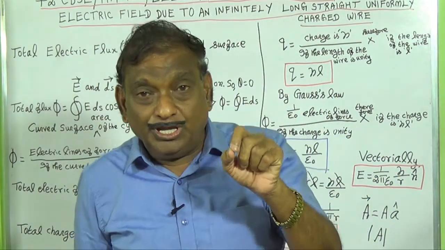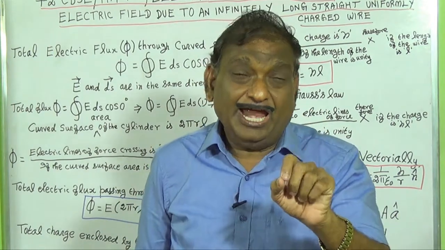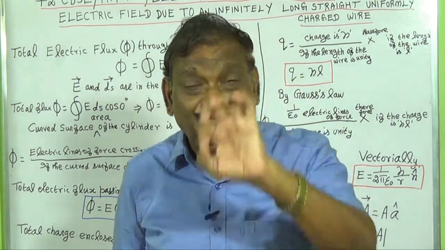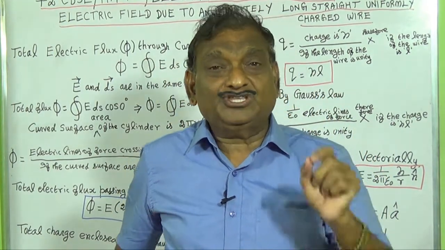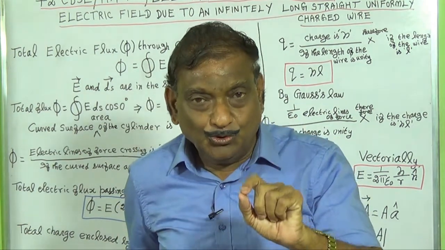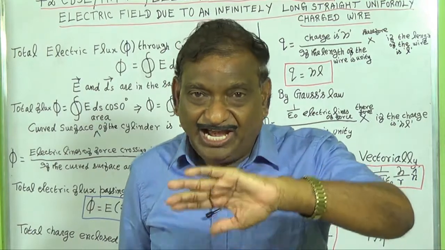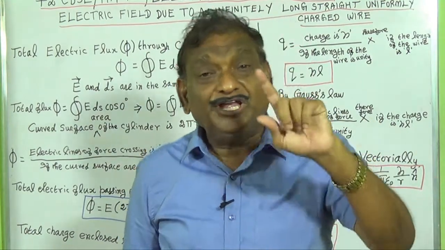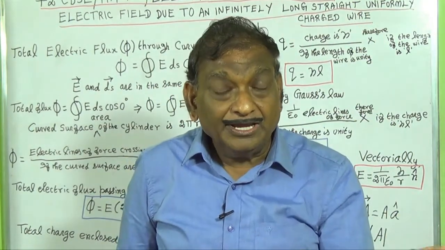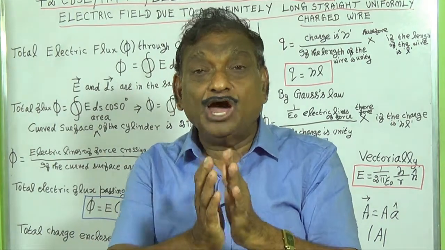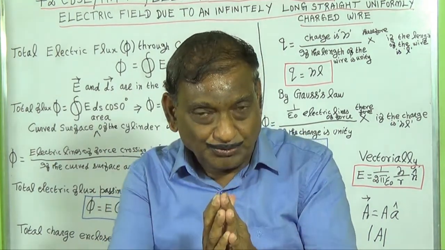Then we are going to discuss the direction of the electric field. If the charge is plus Q, the direction of the electric field is radially outward. Why is it radially outward? Because the charge we have taken is positive.